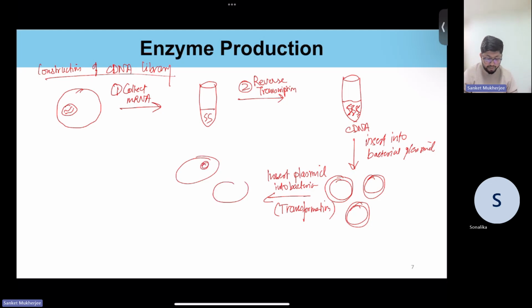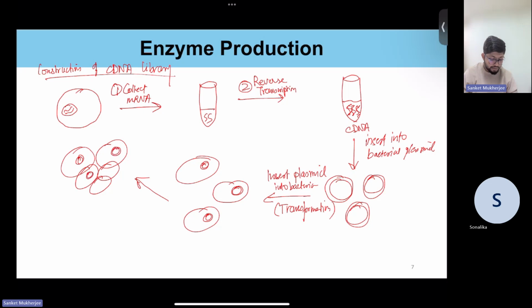There will be multiple bacteria which will have this plasmid inside. Now you will grow these bacteria. They will grow in number, and obviously the plasmids will grow too. And how do you only allow bacteria which have this plasmid to grow? Usually these plasmids have a selectable marker, let's say an antibiotic resistance gene.